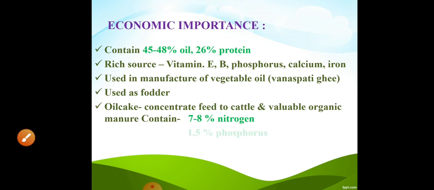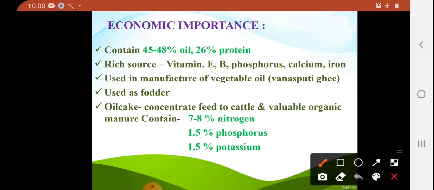If we are using these oil cakes as manure, they contain 7 to 8% nitrogen, 1.5% phosphorus, and 1.5% potassium.